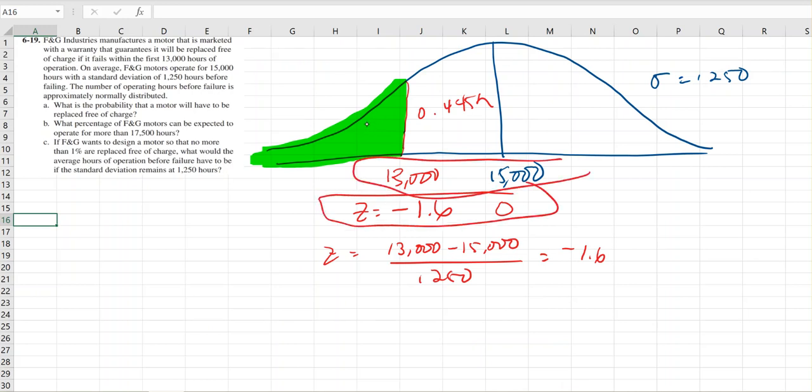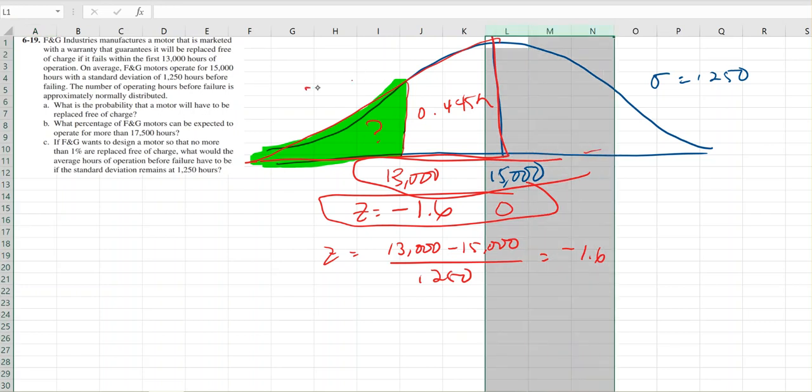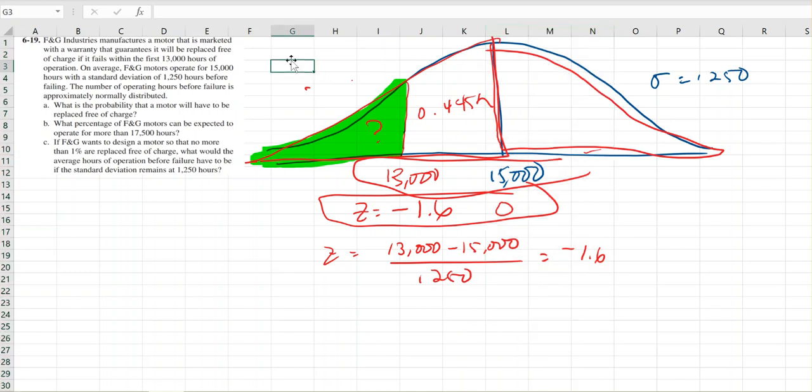So I need to find what this is. That's easy enough. I know that half of this curve is 50%, just like half of this other side is 50%, right? Because the entire curve is 100%. So we know that the probability that x is less than 13,000 is exactly the same as the probability that the Z score is less than minus 1.6.